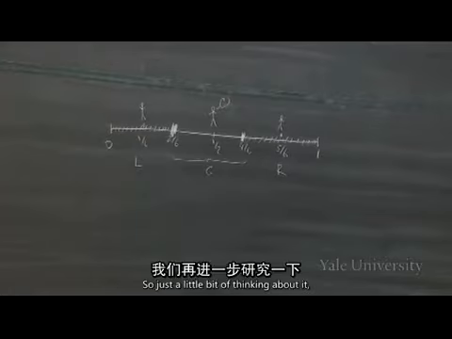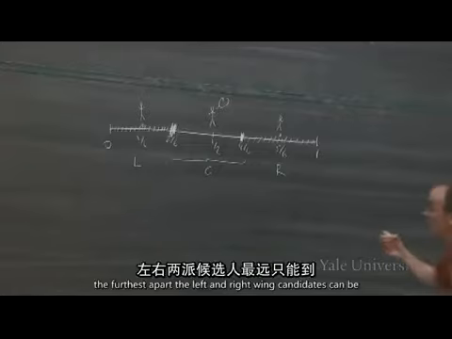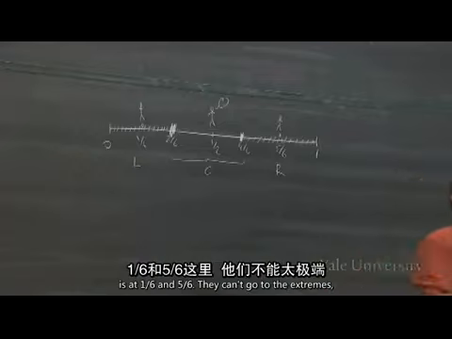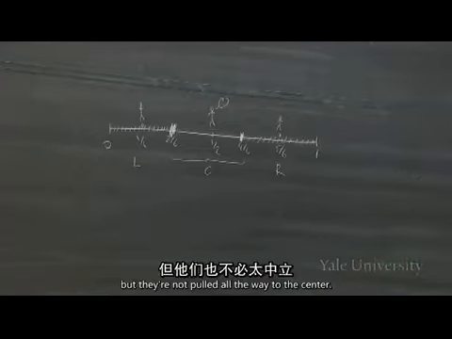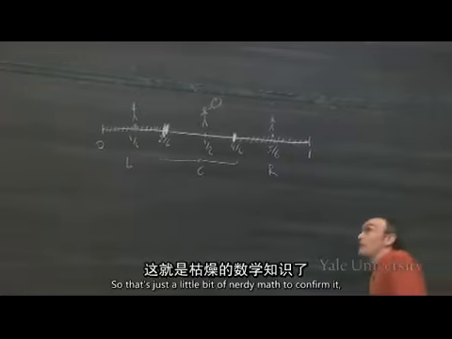All right? So just a little bit of thinking about it, we can tell that in this very simple model, the furthest apart the left and right-wing candidates can be is at a 6th and 5/6. They can't go to the extremes, but they're not pulled all the way to the center. So that's just a little bit of nerdy math to confirm it.